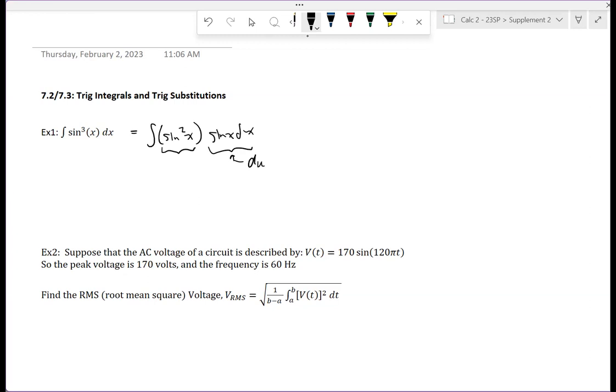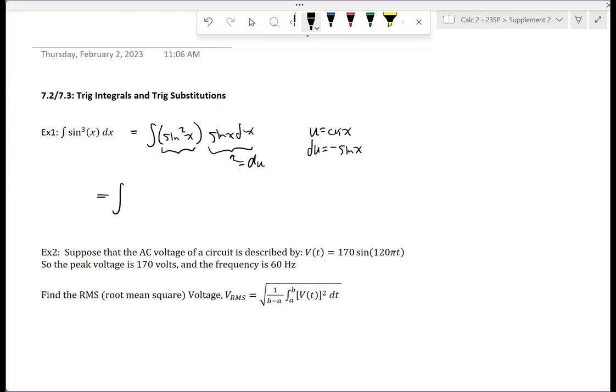So if I want sine x dx to be du, I want u equals cos x, which will make du equal negative sine x dx. So this will end up being negative du in this setup. We see that this is going to be equal to the integral of sine squared x.